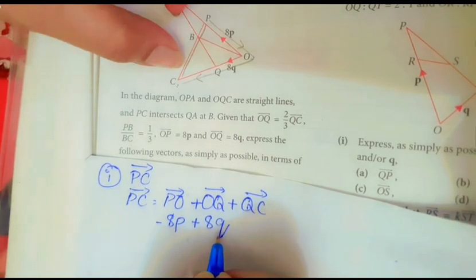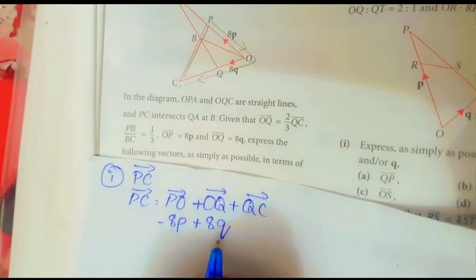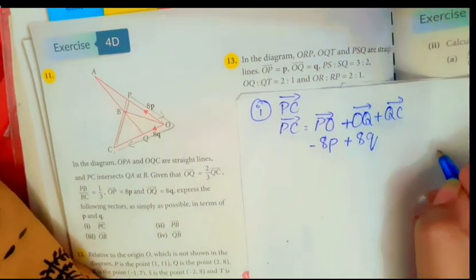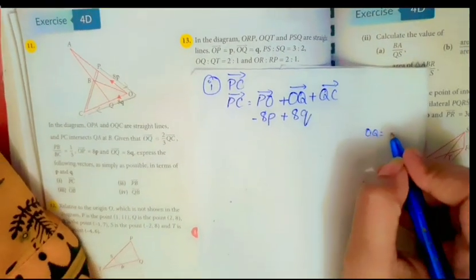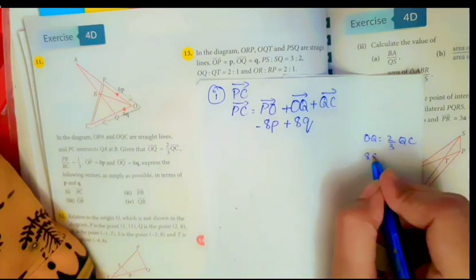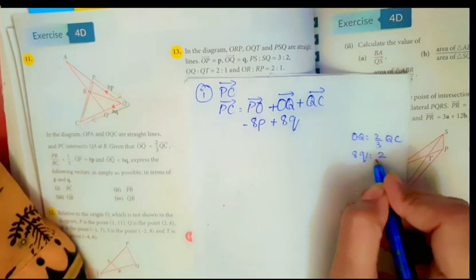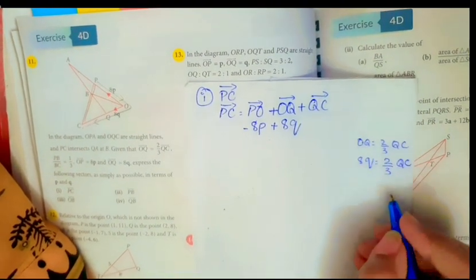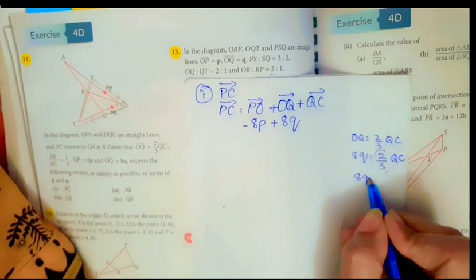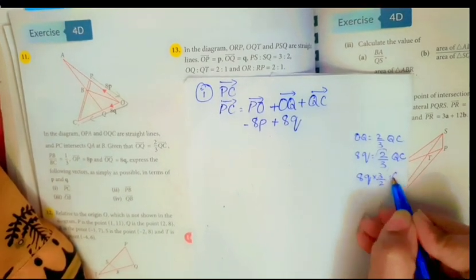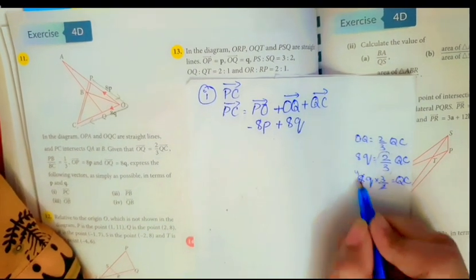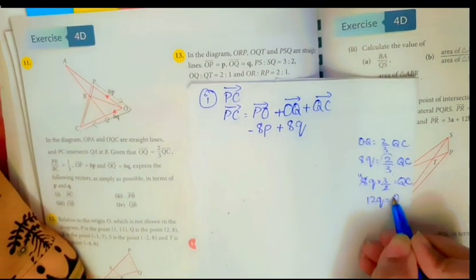And then QC, what is the value of QC? You know that here it is given that OQ is equal to 2/3 QC, and OQ is 8Q. So if we shift this number on this side, they both are multiplying. So 8Q multiplied by 3/2 is equal to QC. And if we multiply and simplify, we'll get 12Q is equal to QC.